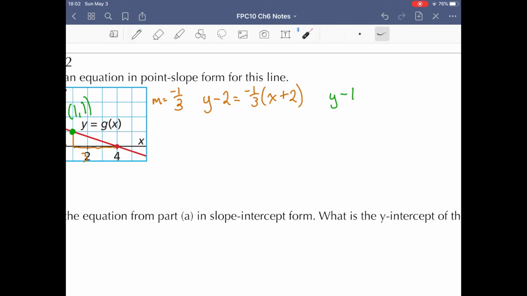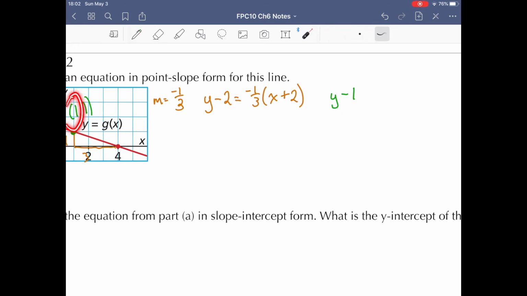Remember, this point is at plus 1 here, so now it's at minus 1 here, is equal to negative 1/3 brackets x minus 1. Again, this was plus 1 here, so now it's minus 1 here. Swap the signs. Okay, so we've got two equations for this in point slope form. Both of these equations work for this graph.